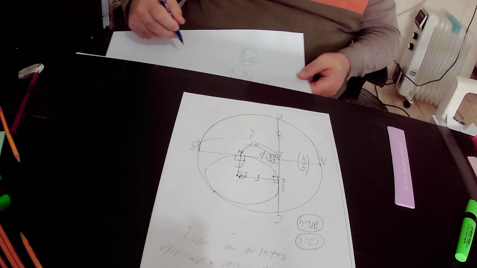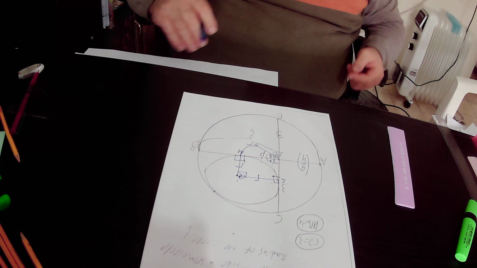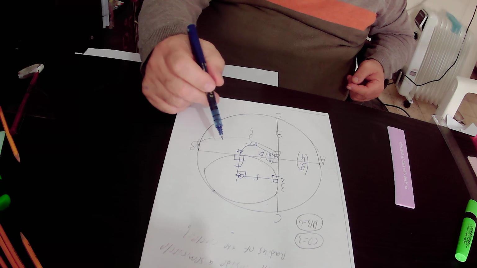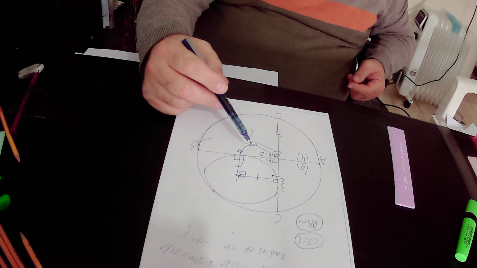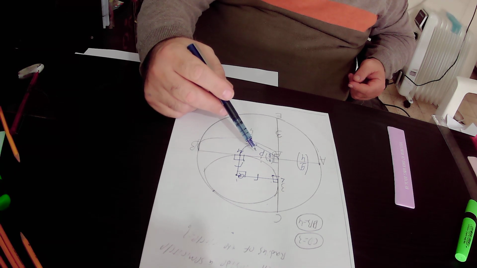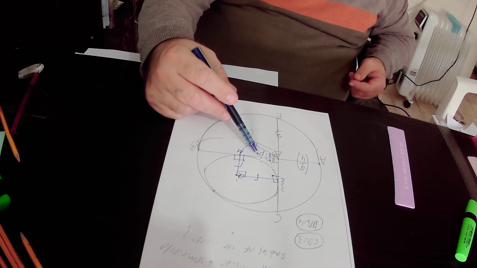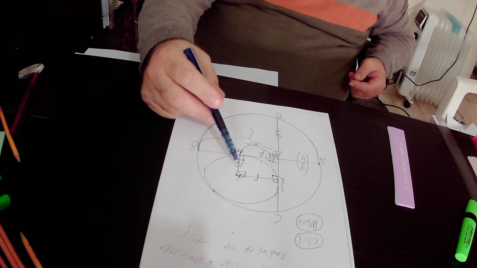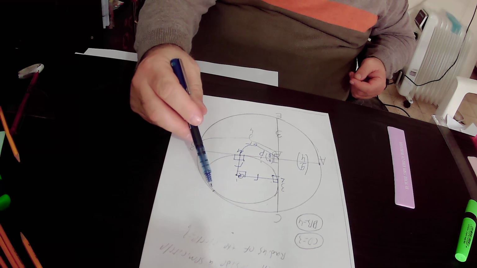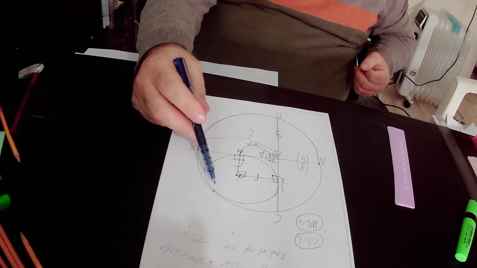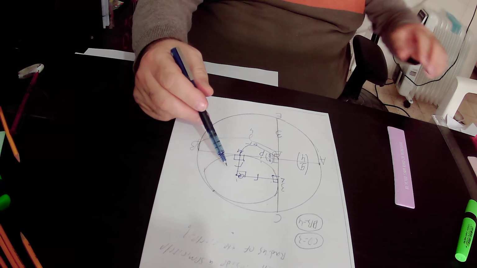In the next step, we'll draw the radius from point P until it touches the point of tangency of the small circle with the big circle.